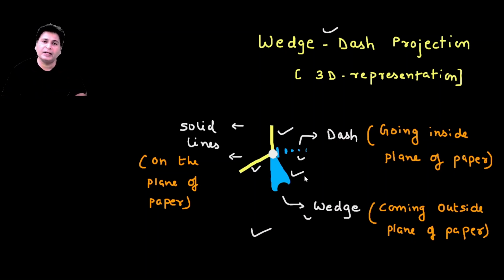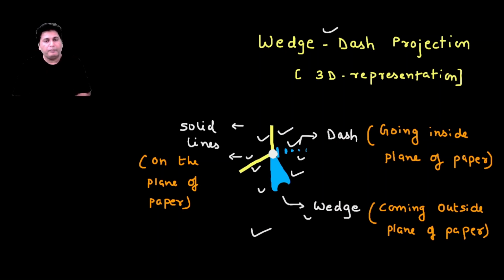So a tetrahedral carbon can be shown in 3-dimensional formula as I have mentioned. Again, the 2 solid yellow lines are on the plane of paper, the dash line is going inside the plane of paper, and the wedge is coming outside the plane of paper. That is how you show a tetrahedral 3-dimensional figure, and it is called flying wedge or wedge dash projection.